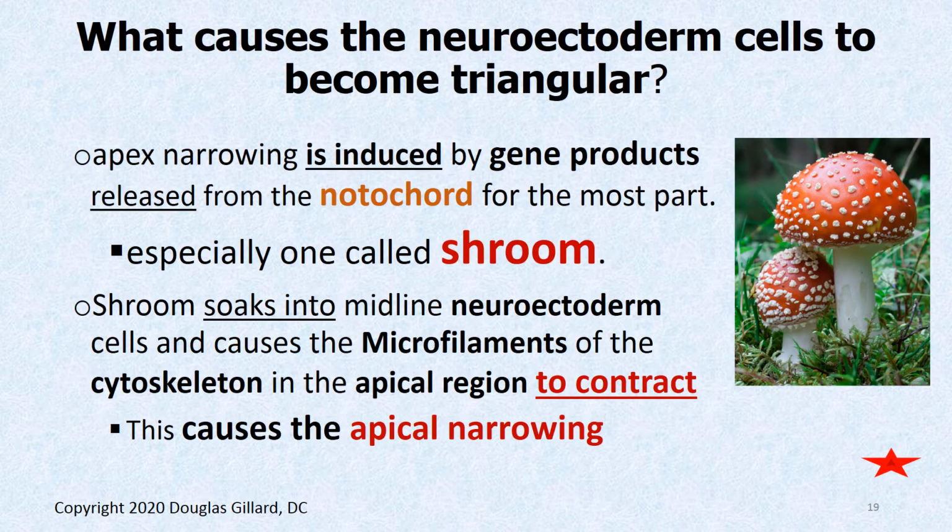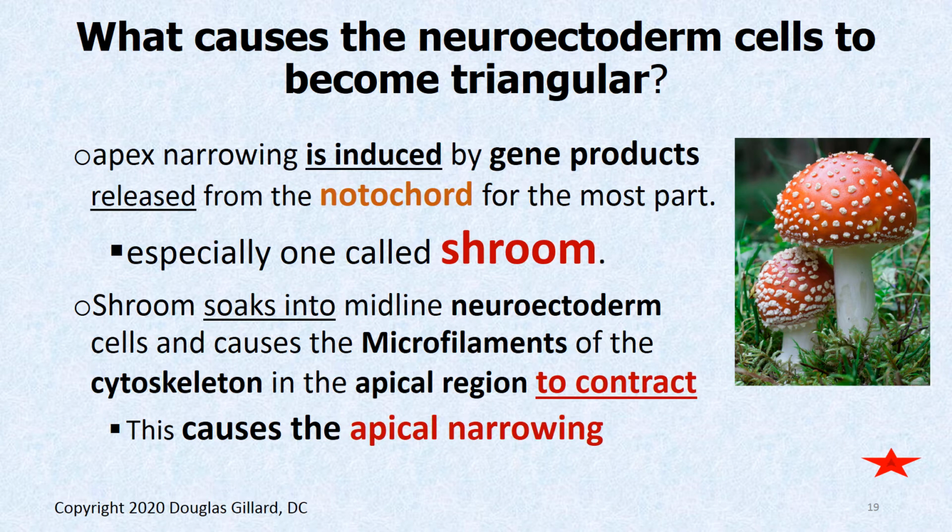That's exactly what happens. So I know you're all wondering, what biomolecule is responsible for this triangular shape? And it's an easy one to remember. It's shroom. And again, it's a little more complicated than this, but the key biomolecule is shroom.